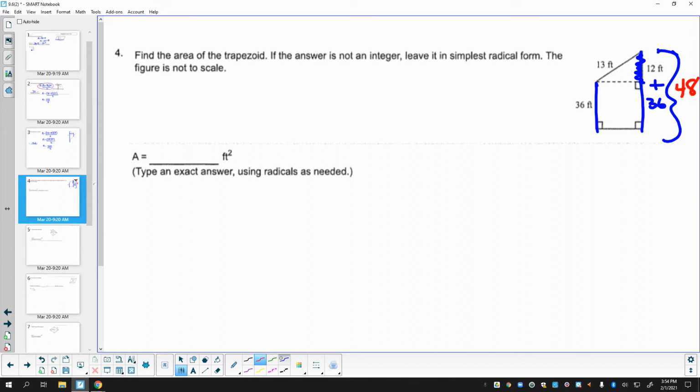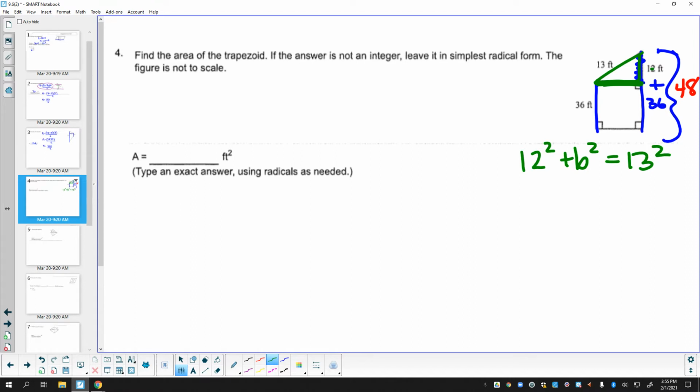So in my formula, I have my two bases, but I also need to figure out what the height is. This is where the Pythagorean theorem is going to come in. I'm using this triangle. I know the 12 and I know the 13. I'm trying to figure out this height right here. So I'm going to do 12 squared plus b squared, or whatever variable you want to use, is equal to 13 squared. Remember, the 13 has to be the hypotenuse.